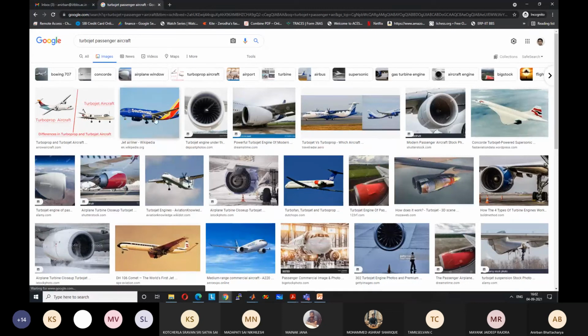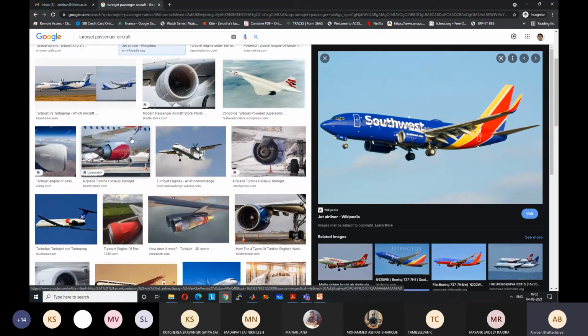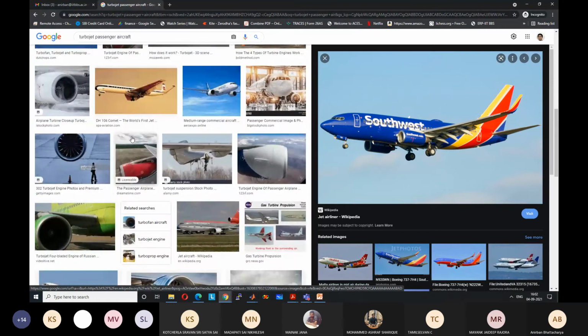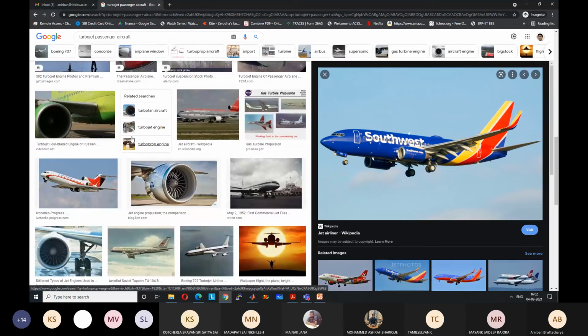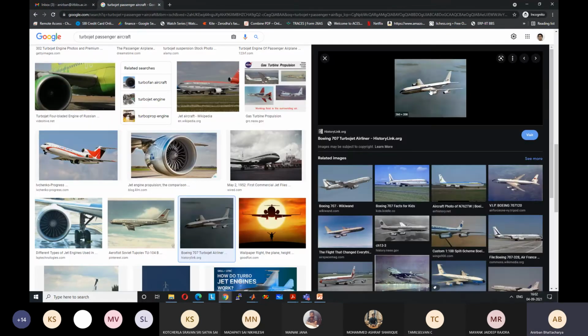Okay, this one. Even better example should be there. This one is better. So you can see that basically it's a very small diagram, but the engine sizes used to be very thin and narrow.